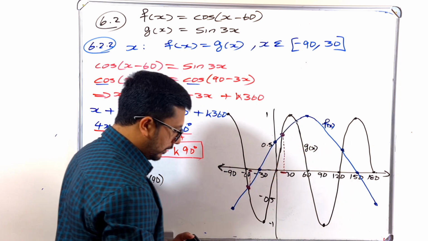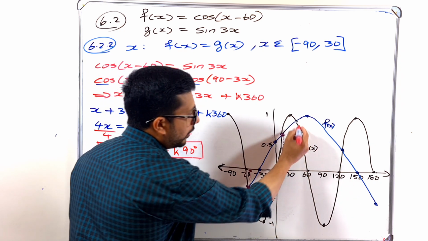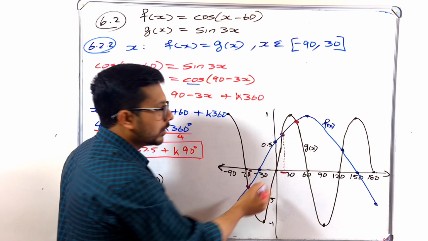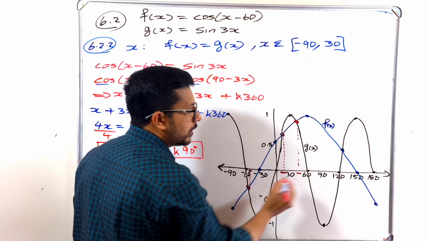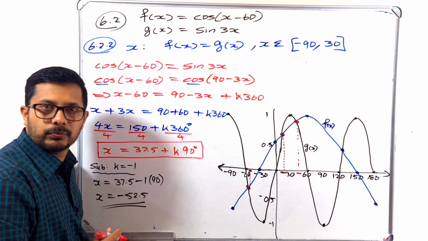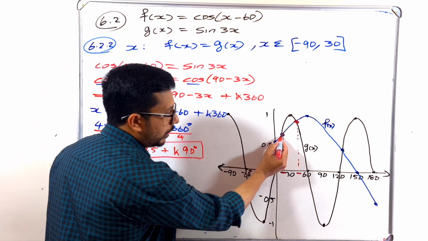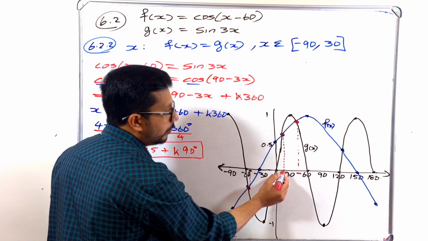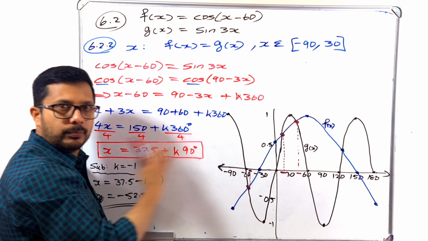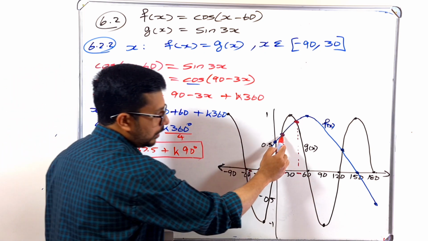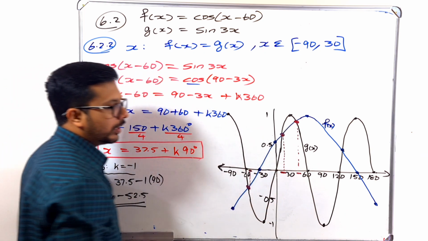Can you see that at that point, this is also an intersecting point. So the answer is 37.5, but we are not supposed to find that point. We are supposed to find this point because our limit is a maximum of 30, so we just want to find the one before that 30. So at this point, what is the x value? That is what we want.